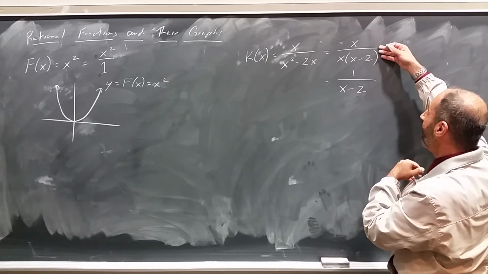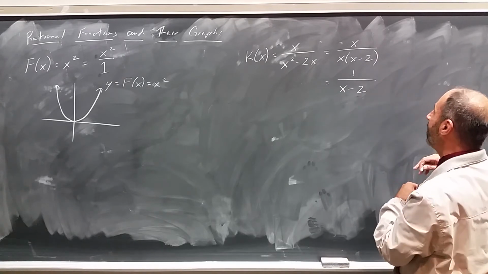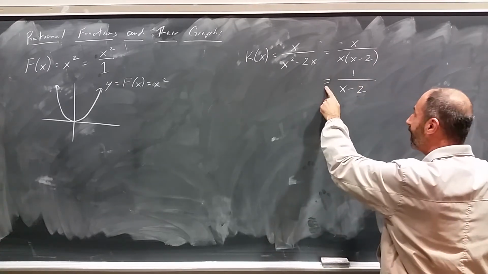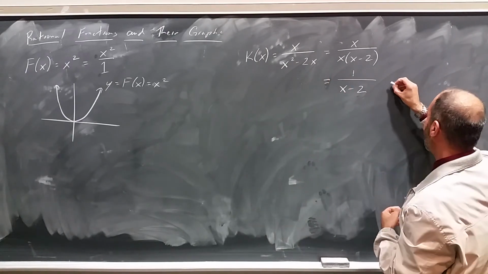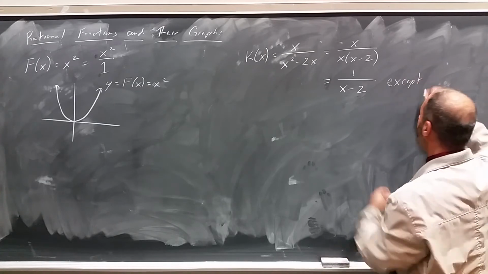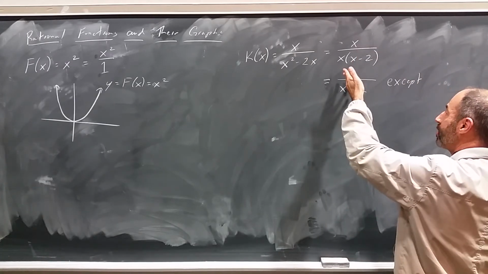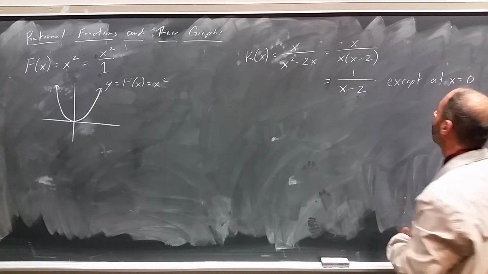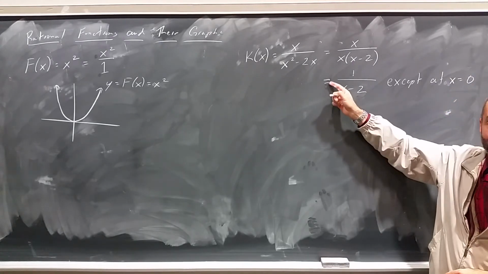So this is not defined at 0, whereas this is. So this equal sign right here is not in fact correct. I can make it correct by putting a caveat in here. I can write except where these two are different, and the only place where they're different is at x equals 0. Now this equal sign is correct.